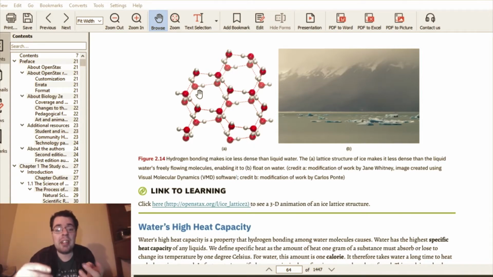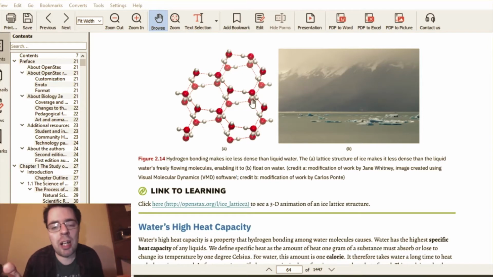And when these atoms are frozen, in other words, they are not vibrating nearly as fast as they are in liquid or gas form, this bending causes a certain type of bonding that has more air in between the bonds, which causes the ice itself to be less dense than water, causing it to float.